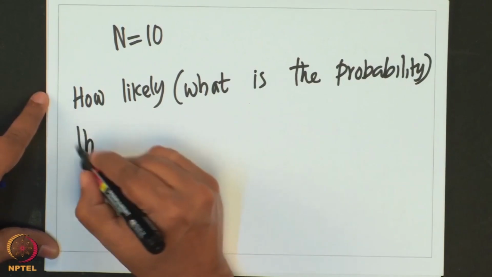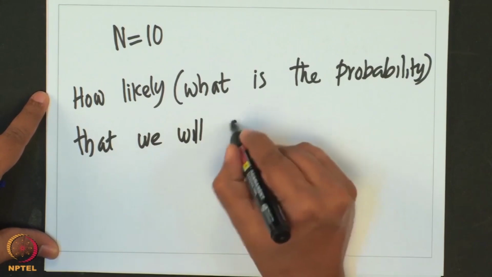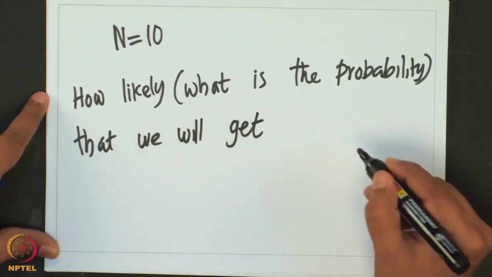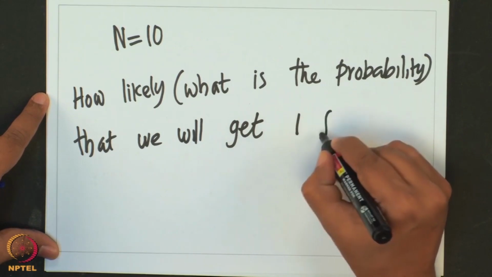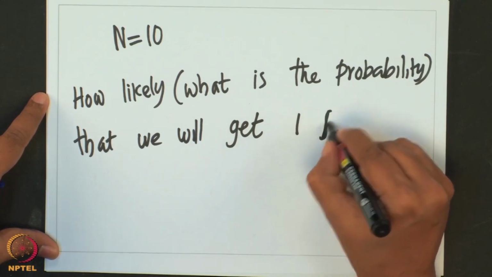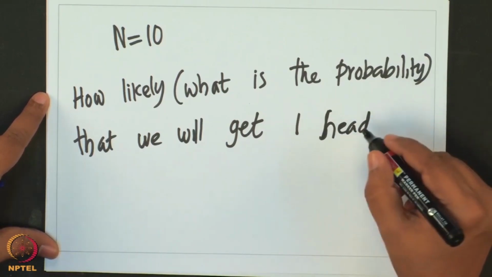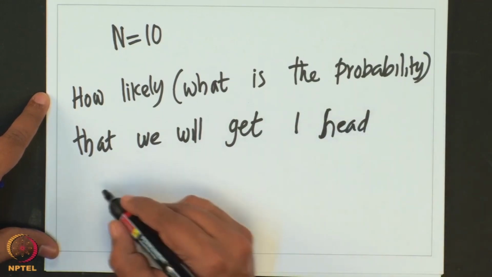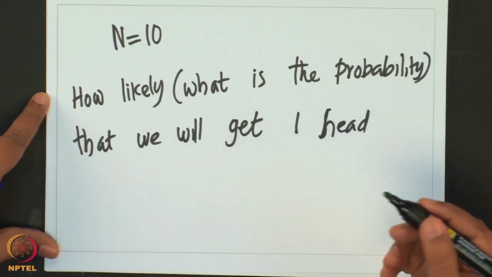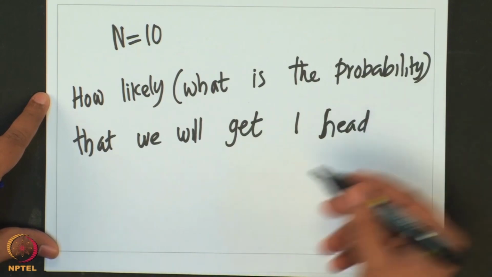How likely that we will get exactly one head, or it could be one girl, and 9 are boys, or in the other case 9 are tails.